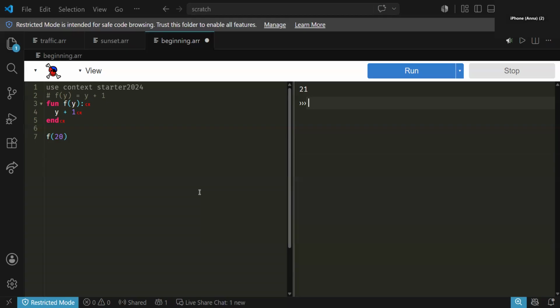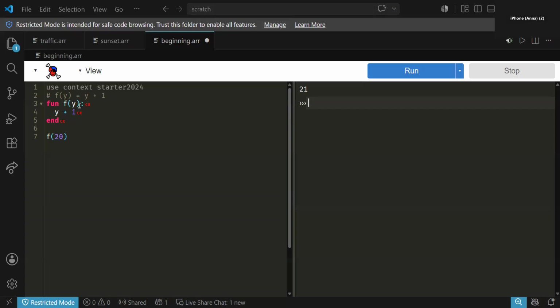And now it's undefined, but it calculated somehow. Ah, that's a good question, actually. So what's happening here is that when we say f of 20, we call f of 20, y takes on 20 at that moment.